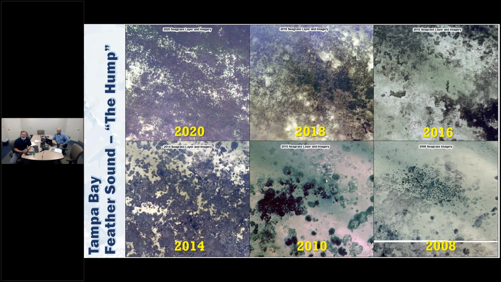Then by 2010, the drift algae really becomes entrained inside of those patches, and in 2014 it's expanded beyond the patches. Even though the patch structure is still there, without seeing some of the field data, I would assume the seagrass percentage is dropping year to year. And in 2016 we had barely any remnants of those circular rhizomatic growth patterns of Halodule.